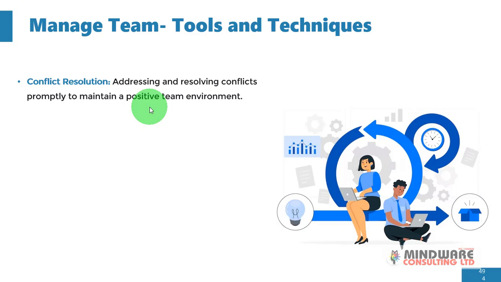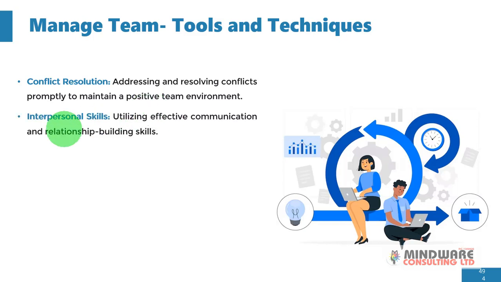You don't want to have conflicts lying around for so long. It's actually going to poison the team spirit and impair the collaborative efforts of the team. So you want to address conflicts as quickly as possible.